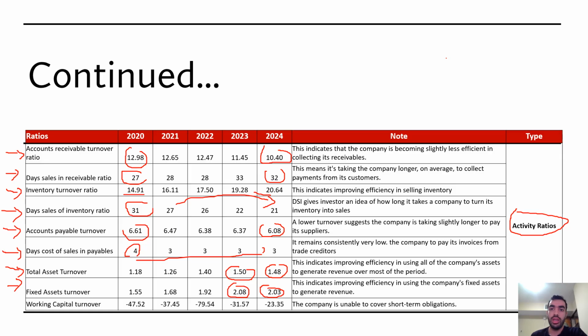So it represents better efficiency with fixed assets. If we look at the final part of the activity ratios, the working capital turnover ratio is negative because, as we saw, the working capital is quite negative and unable to cover short-term obligations.